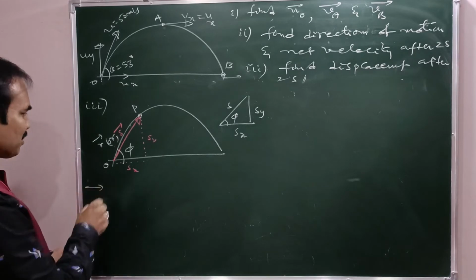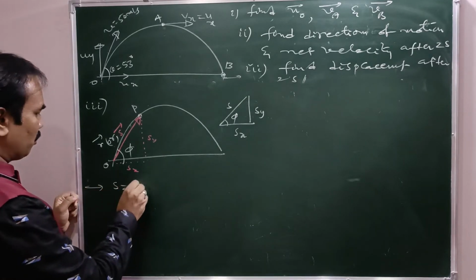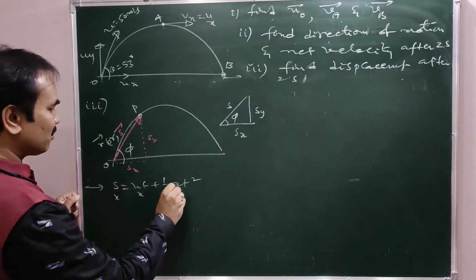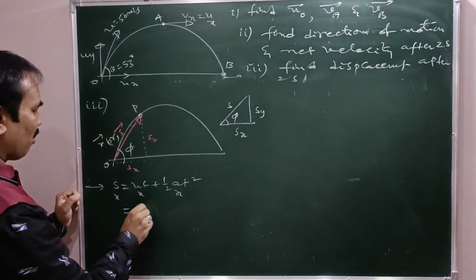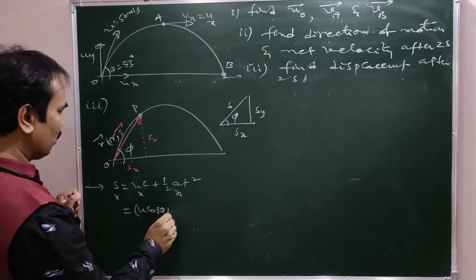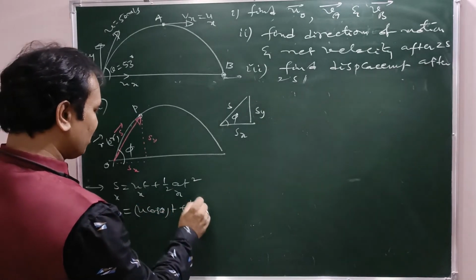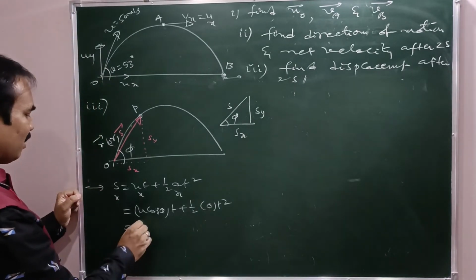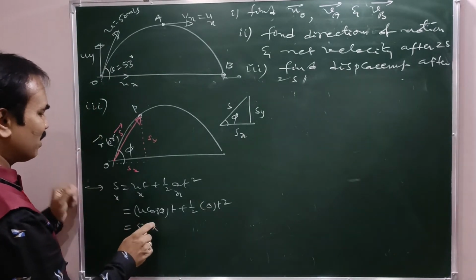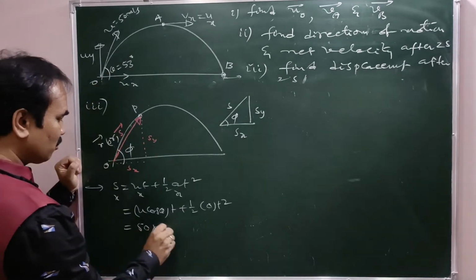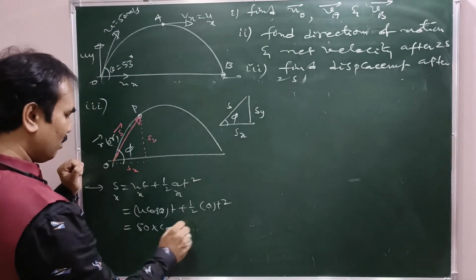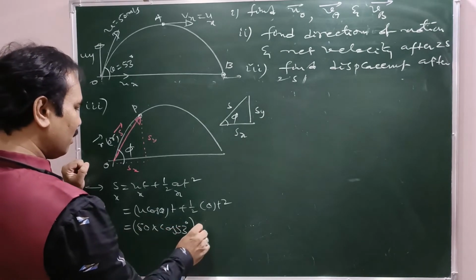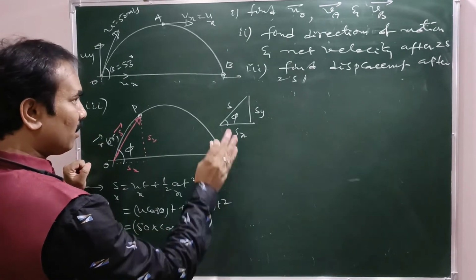Now take the equation along x. S equal to ut plus half at square along the x axis. That is ux means u cos theta into t plus half into ax, which is 0, into t square. Now u means 50, cos theta means cos 53 degrees, into t, which is 2 seconds.